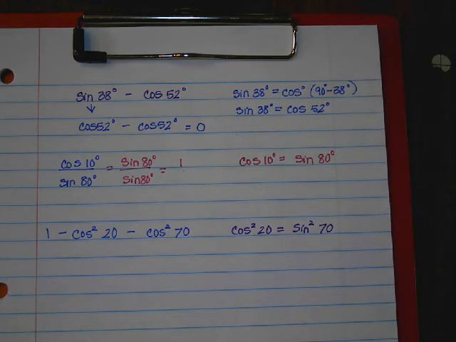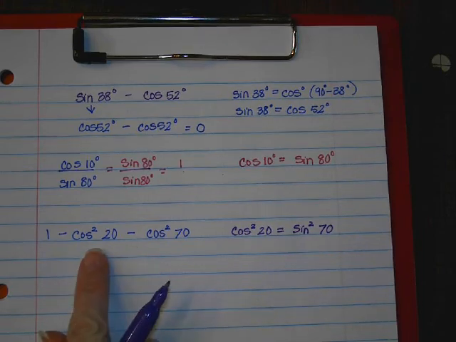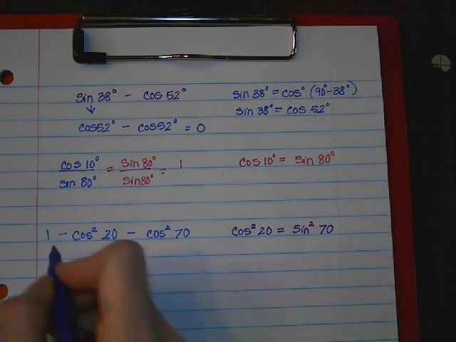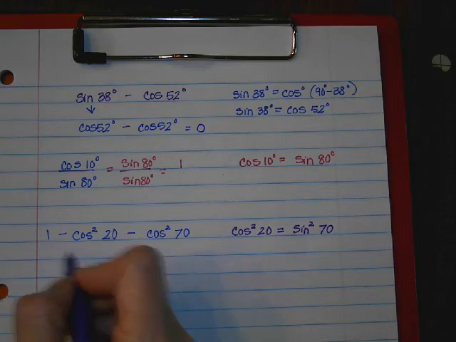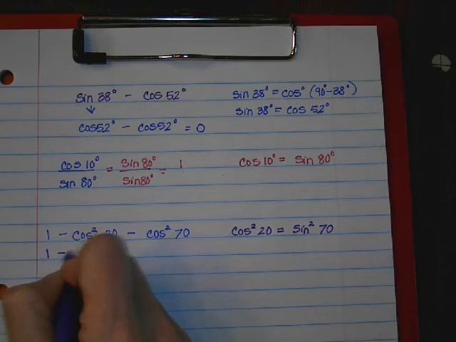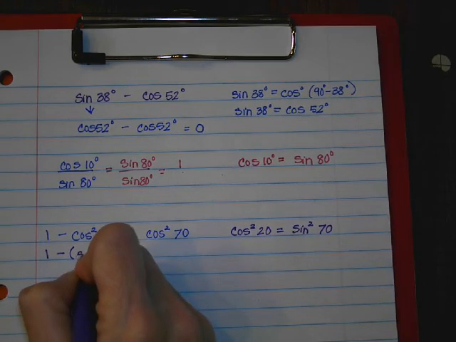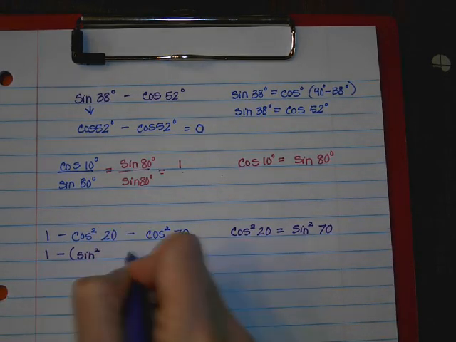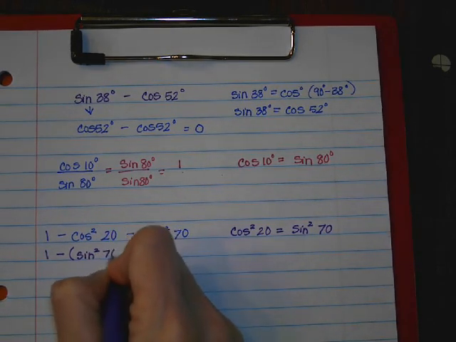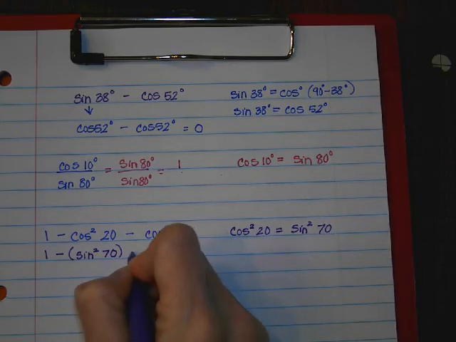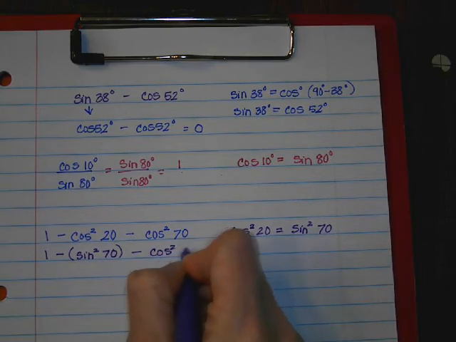So I can replace my cosine squared with the sine squared. 1 minus, and we use parentheses because I'm substituting, the sine squared 70 minus the cosine squared 70. All right, so everybody got that down there? Yeah.